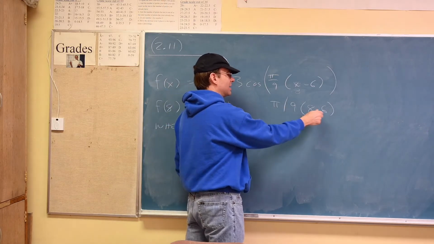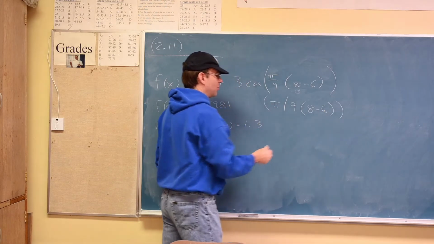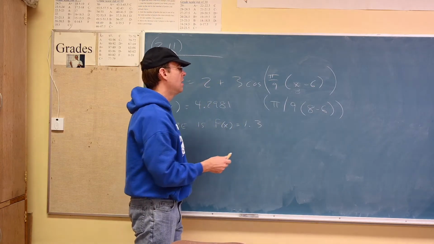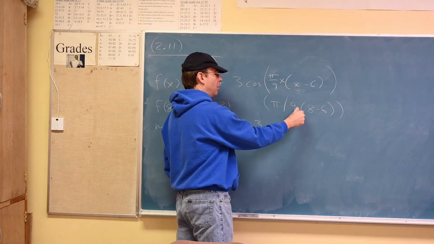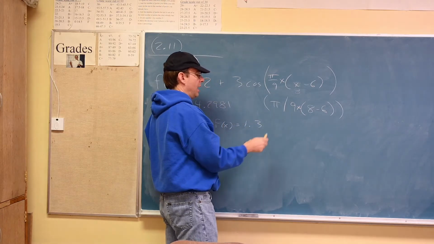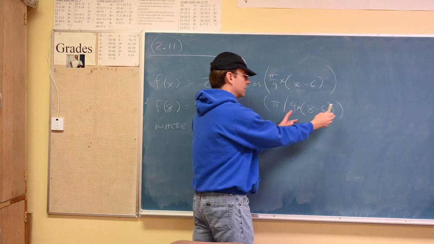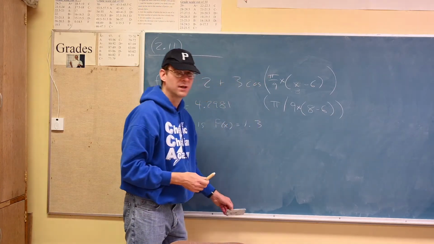So if you did punch it this way with nested parentheses, meaning parentheses inside parentheses, and you got a weird answer, the way to fix that is to throw in a multiplication sign right there. If we go pi dividing 9 times 8 minus 6 with all these nested parentheses, that should fix your problem.